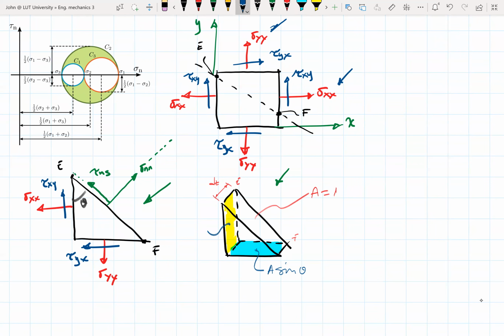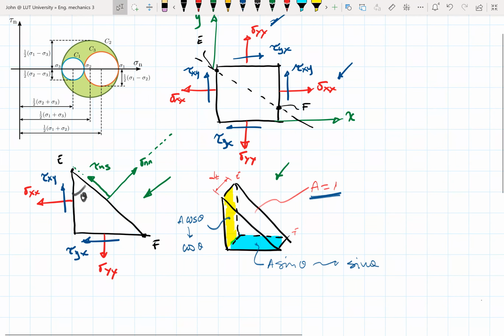And this other area is represented by the area times the cosine of theta. Now, as I impose, for a practical matter, that area equal to 1, this area is going to be equal to the sine of theta, and this area is going to be equal to the cosine of theta. Good. You're going to see why this simplification is going to turn out really good for us.